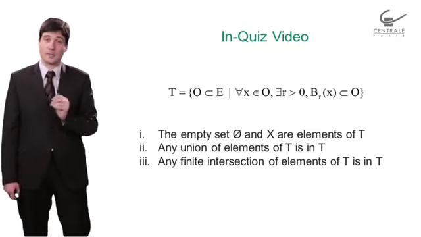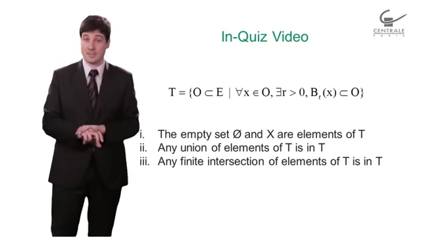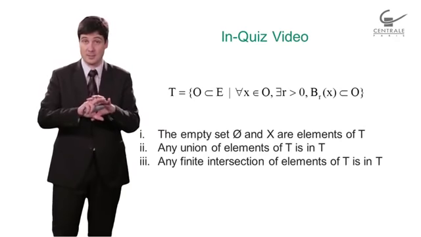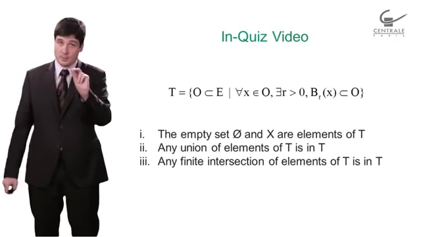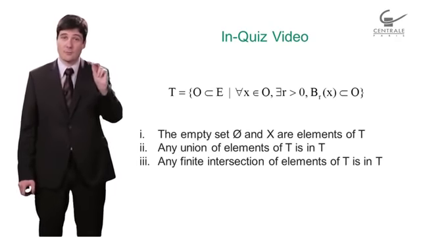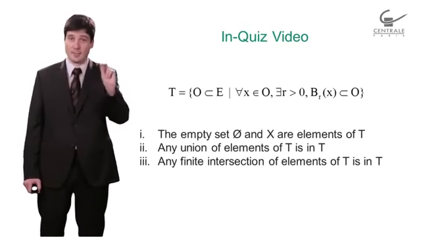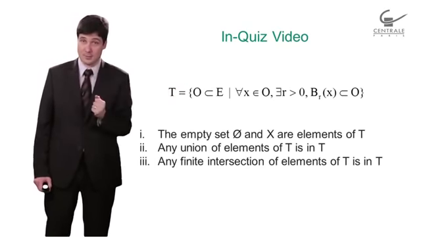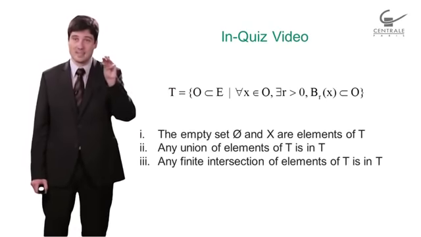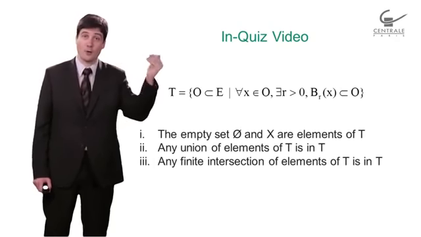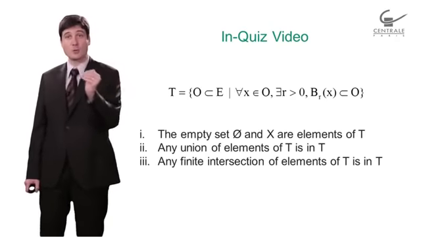The third one, though, is a little bit more tricky because you're going to have the intersection of two sets, or actually a finite number of sets of T. This is where it's a little trickier, because if you choose a point in the intersection of elements of T, then it will be a point of every element of this intersection, which means that you will be able to find a ball centered in x with radius r1 for the first one, r2 for the second set, r3 for the third set, and so on.